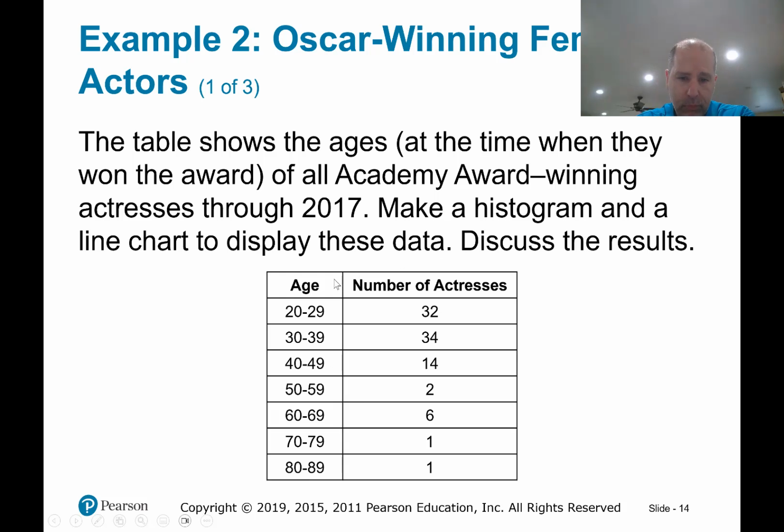Notice we've got 32 actresses that won the Academy Award when they were in that group, 34 won in this group, and so on and so forth. So you can see how many actresses won in each age group. And notice that each class or bin is 10 years long. Now we're going to create a histogram and a line chart, and all we're going to do is use this table to do that.